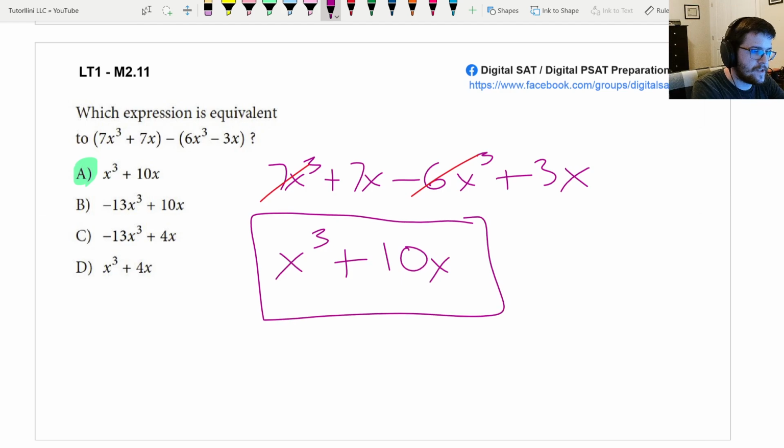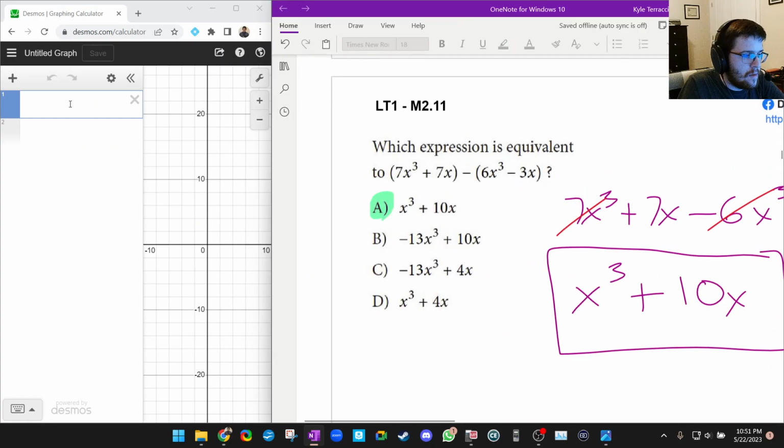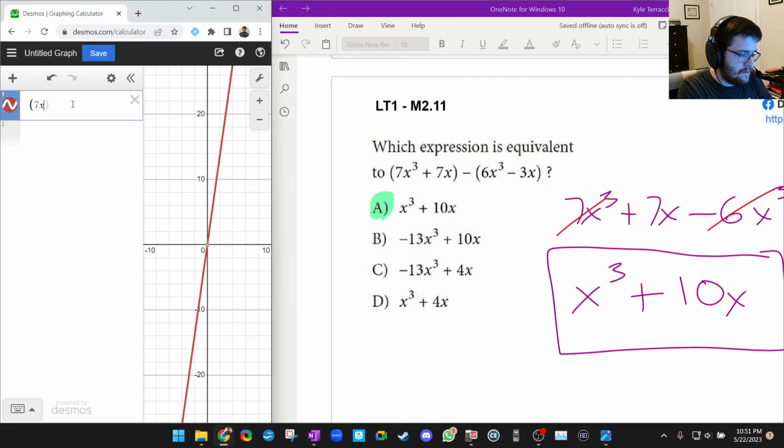That is correct. You also could have done this one without knowing anything, just by graphing, using equivalent expressions for guess and check. So what you do is, when you just have x's, you can just type in the first one.